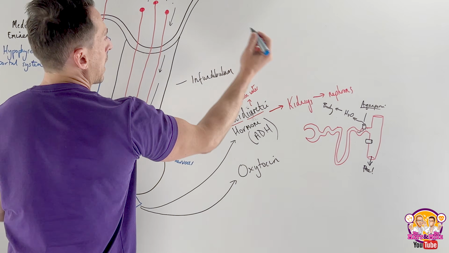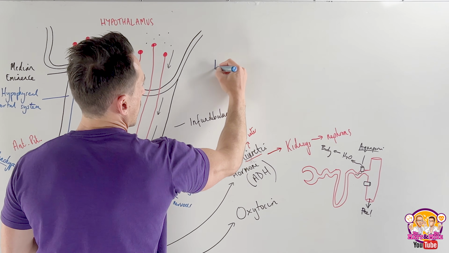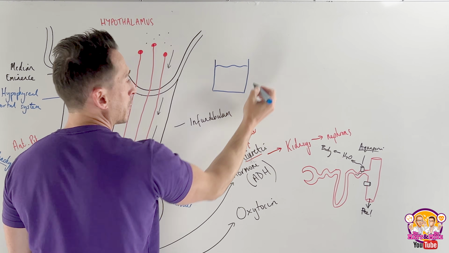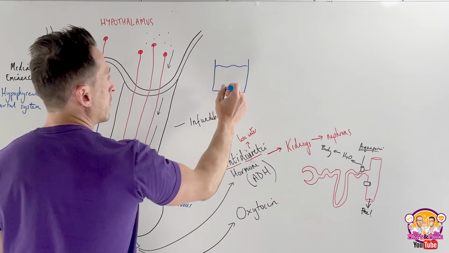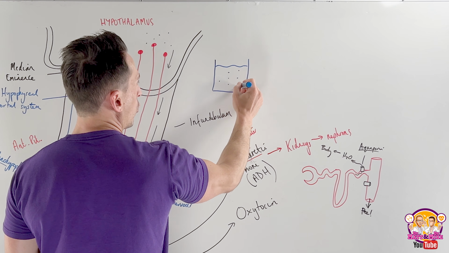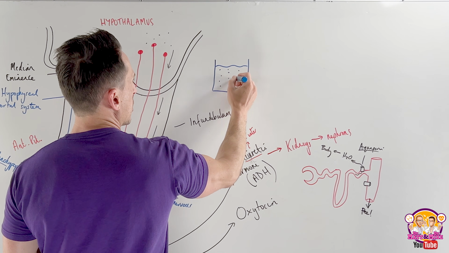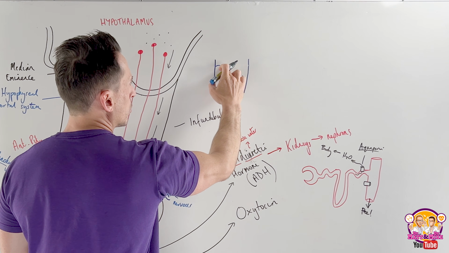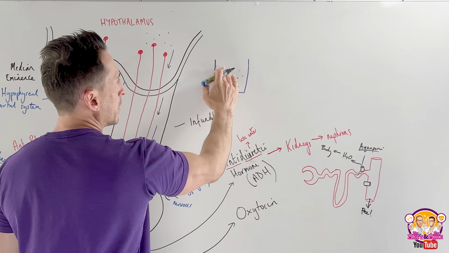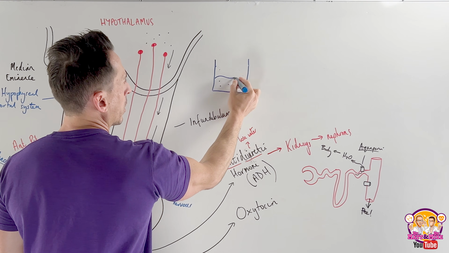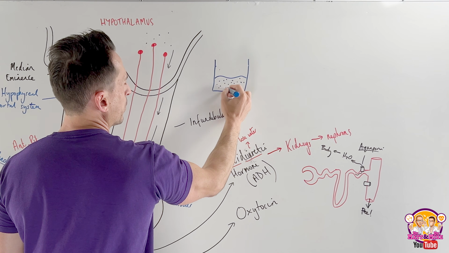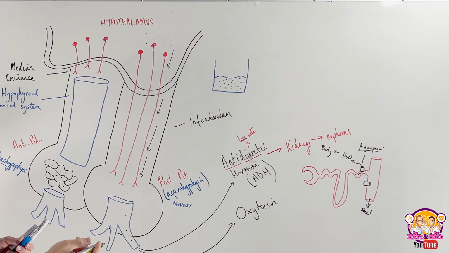So think about it. If this is your body, this bucket, and you've got a certain amount of fluid in your body, and you've got a certain amount of things dissolved in that bucket, but you dehydrate, so you lose water, you don't lose those solutes, the things dissolved in it, but you lose the water, but you've got the same number of solutes, but it becomes more concentrated.